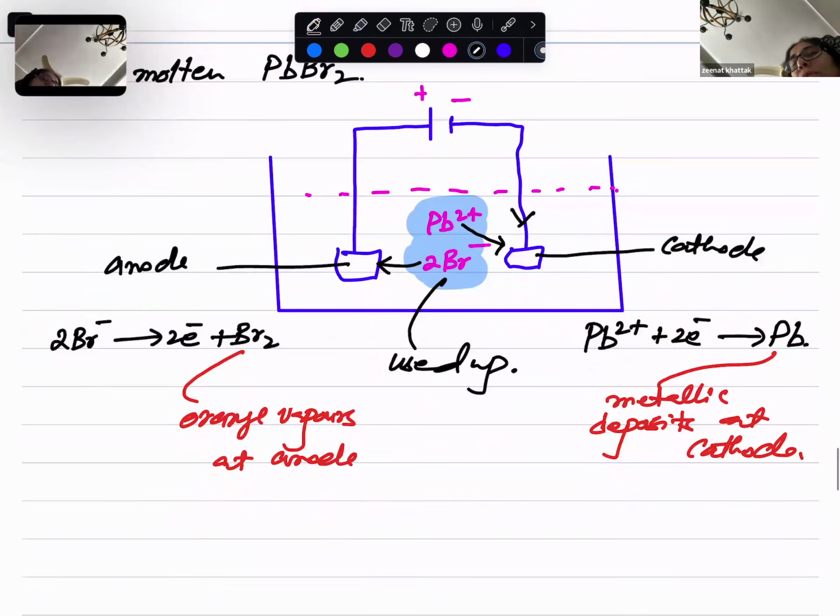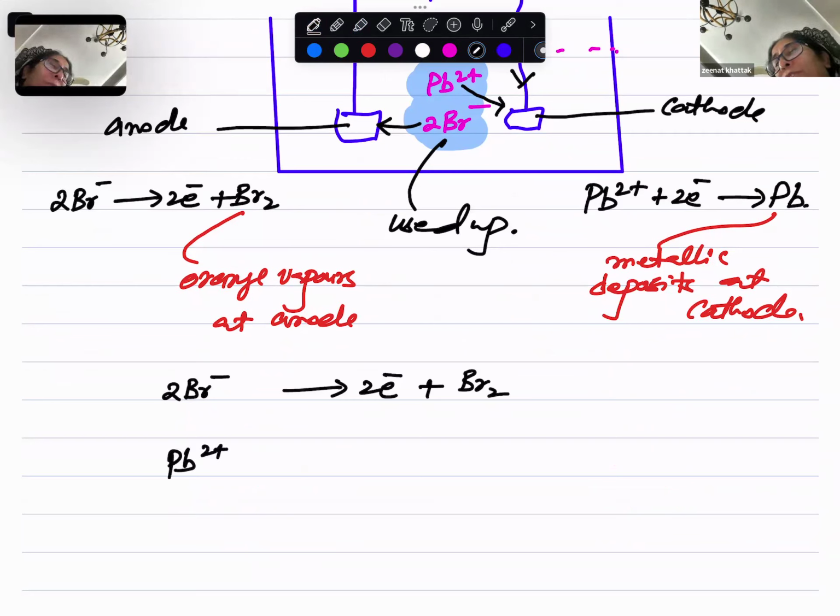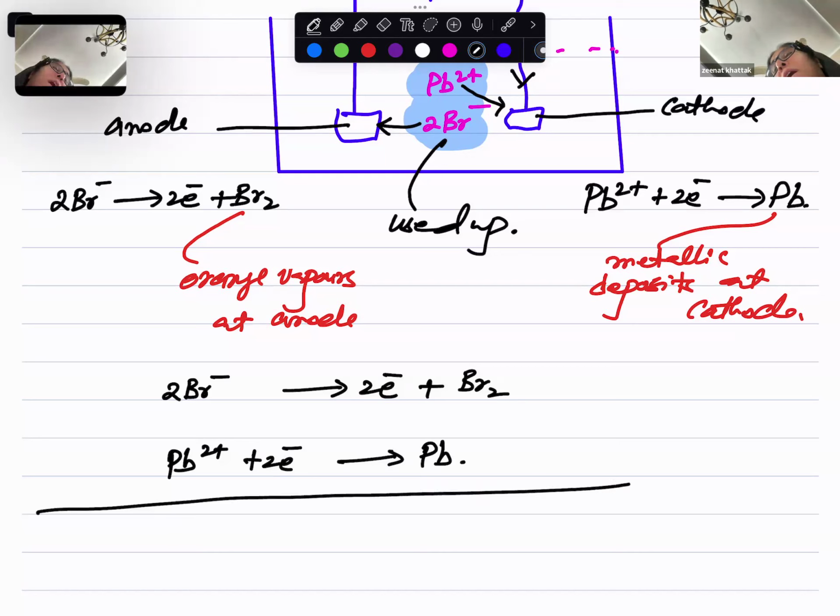So if I make the overall equation, 2 bromide lose 2 electrons, Br2, and Pb2+ gains 2 electrons, Pb. Are the electrons the same? Yes.